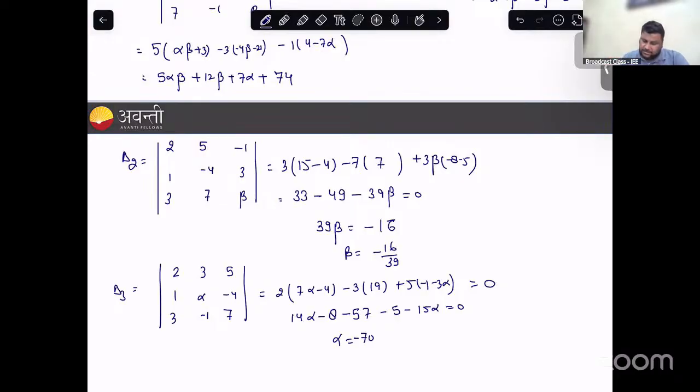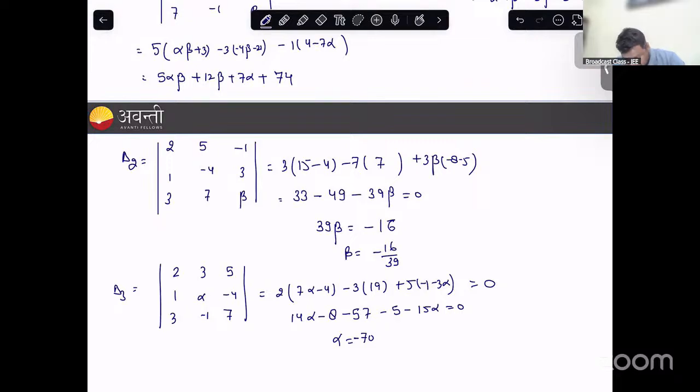If I expand it, 3 times 15 plus minus 4, 7 times minus 7 times 6 and 1, 7, and beta times minus 8 minus 5.